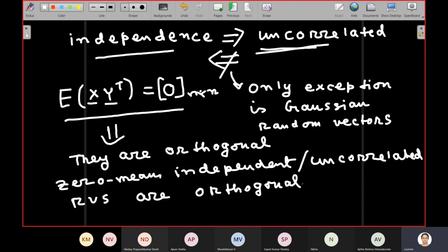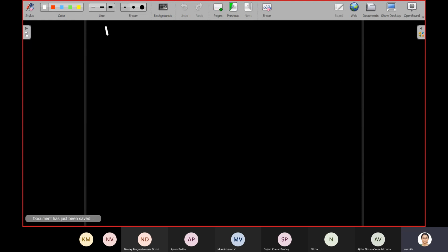Now, how do you interpret it geometrically? To have some physical significance, let's compare this orthogonality of random vectors with the deterministic case.